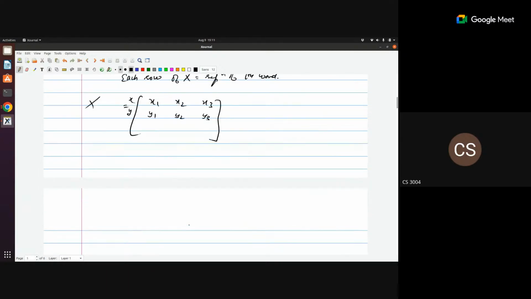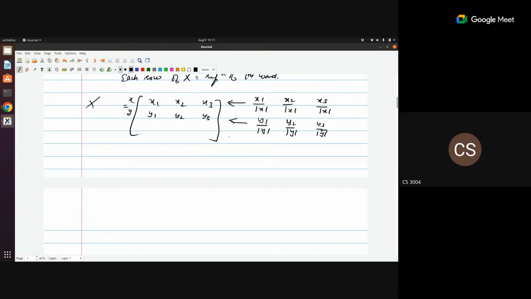We are normalizing each row, so X1 will be divided by mod of X, X2 by mod of X, X3 by mod of X. Mod of X is the length of the vector X. Similarly for the second row, Y1 will be divided by mod of Y, Y2 by mod Y, and so on.